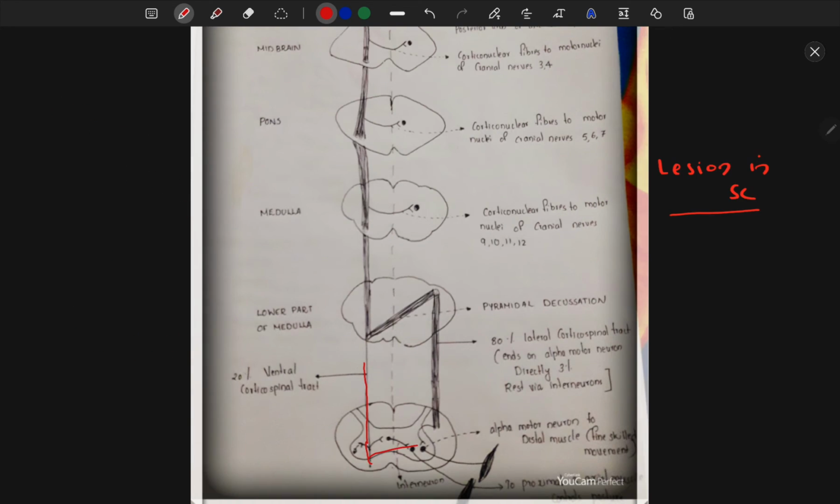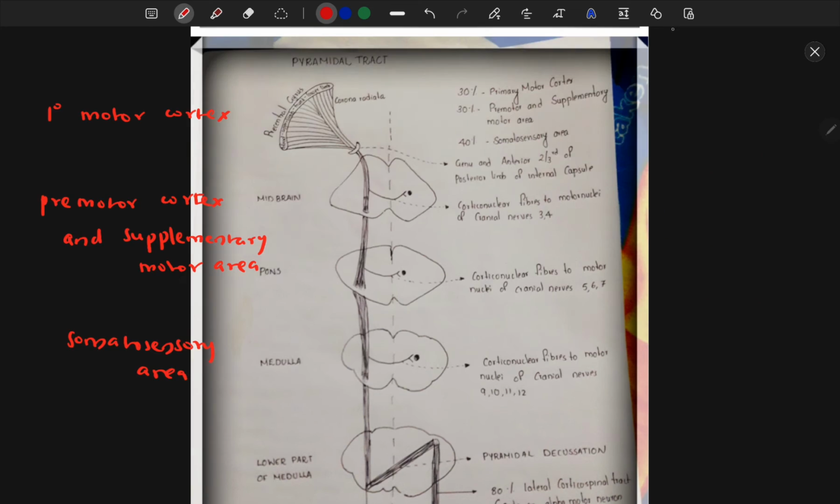The next case is, if there is a lesion in the spinal cord, then there will be same side, ipsilateral hemiplegia. Because the fibers have already crossed, the same side of the body will be affected.